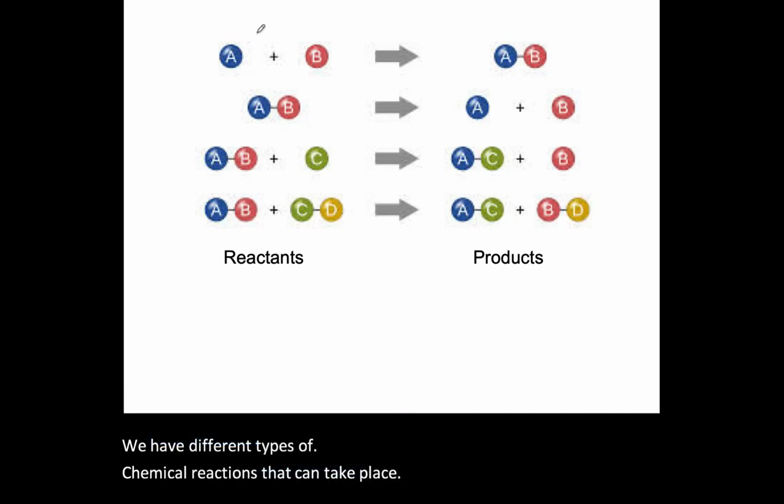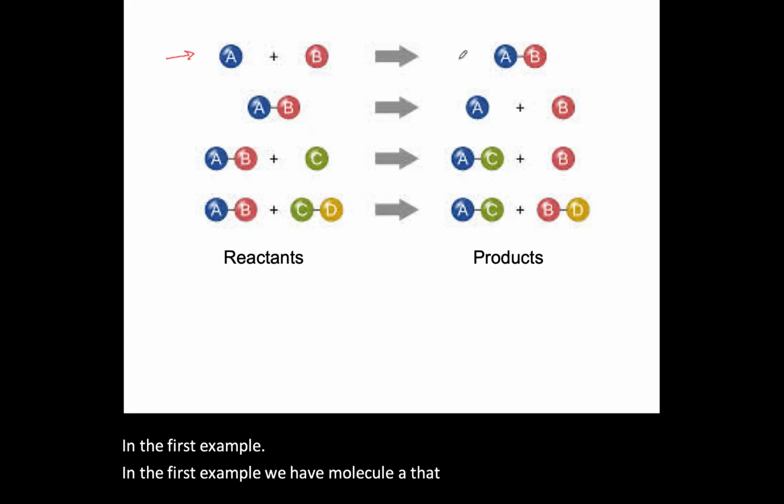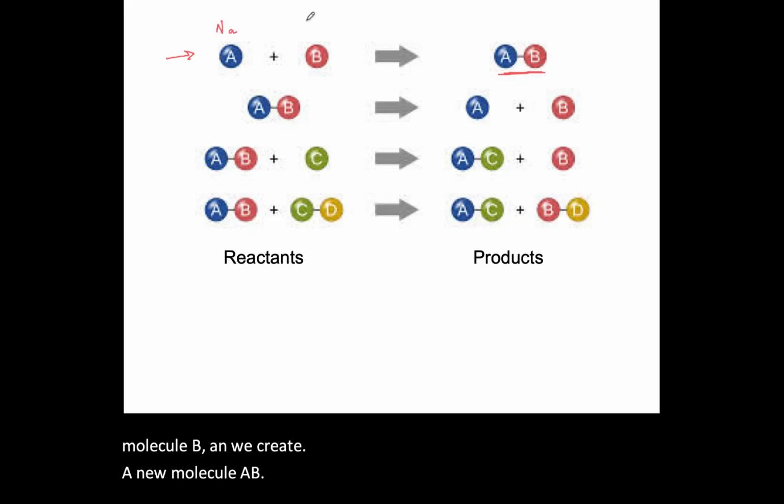So, in the first example, we have molecule A that we're combining with molecule B, and we create a new molecule, AB, sodium chloride, to produce sodium chloride. Right?